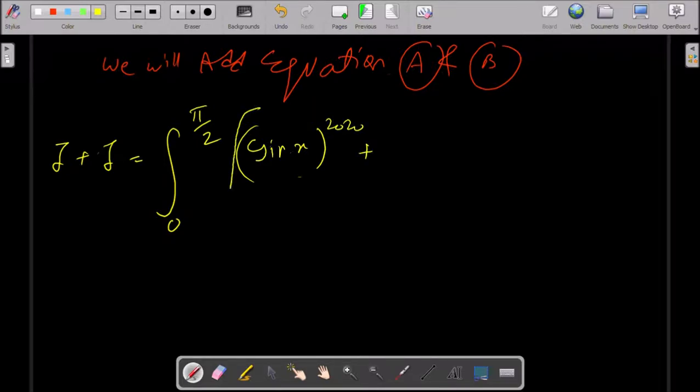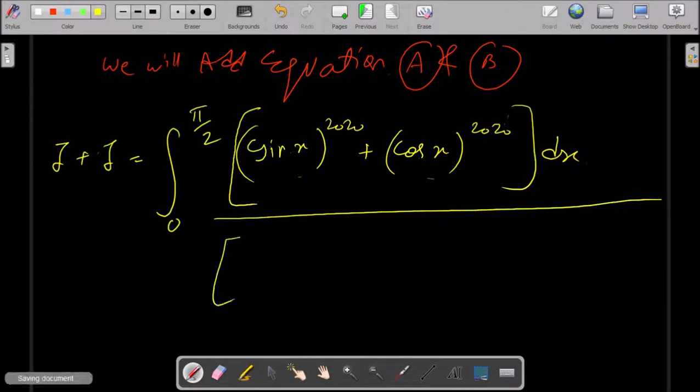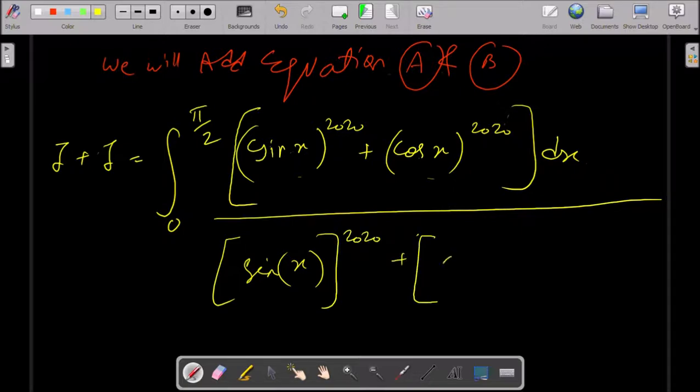Plus cos x to the power 2020 dx upon sin x to the power 2020 plus cos x to the power 2020.